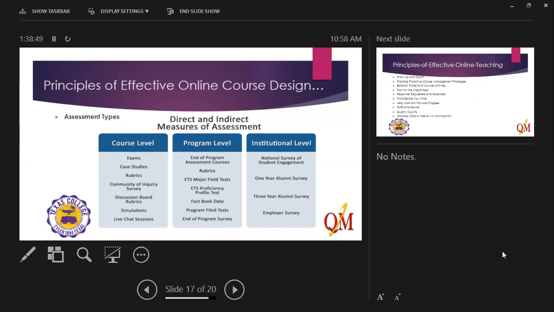Another area of confusion when it comes to online course design is the assessment and measures. There's going to be a lot more about this in the online component, but you want to make sure that you're using the example I used a while ago.